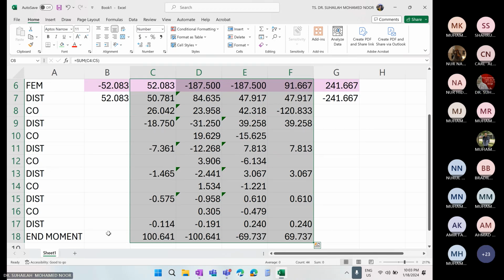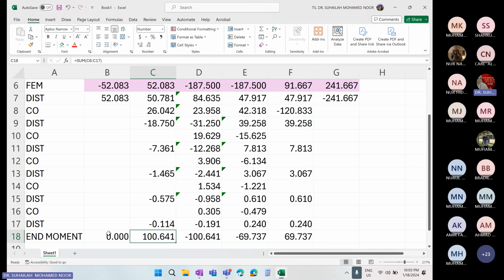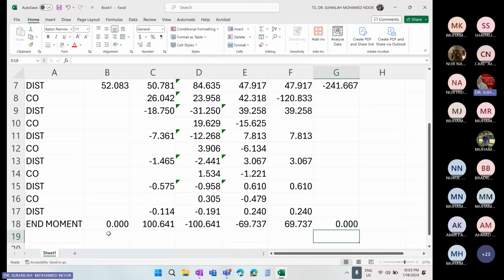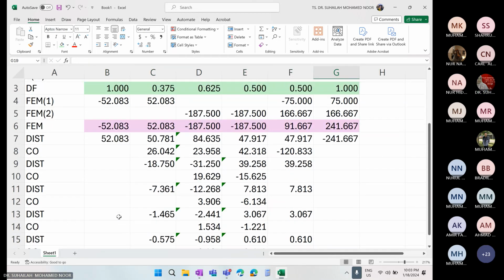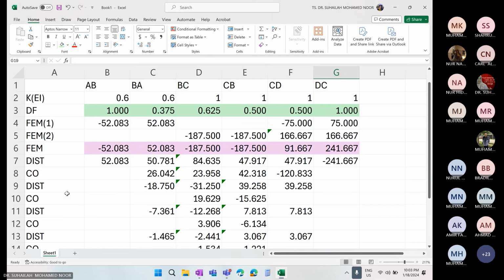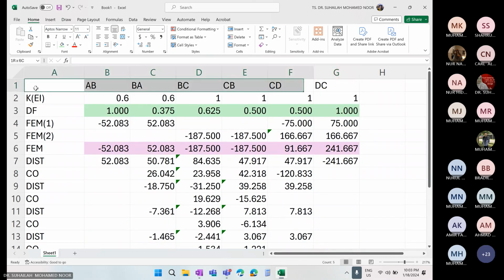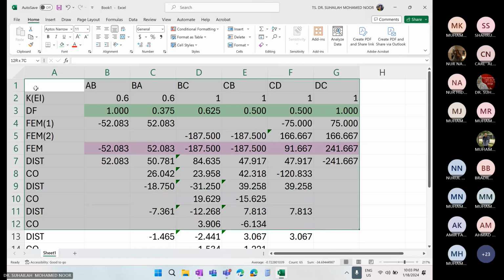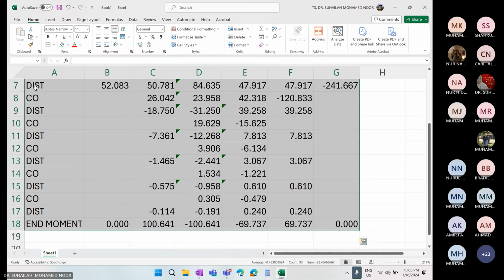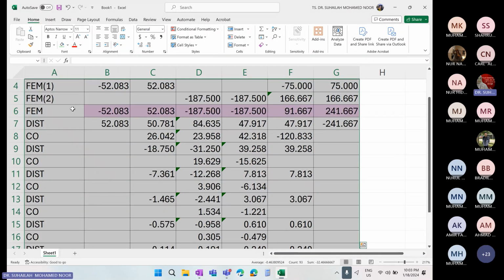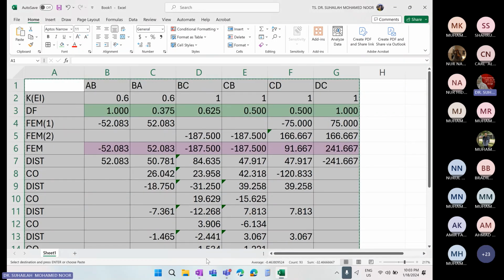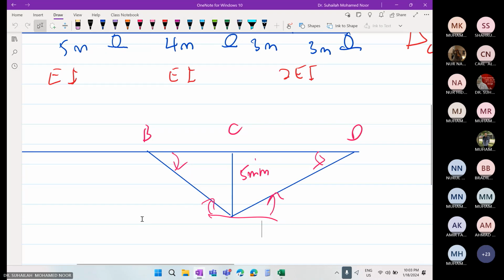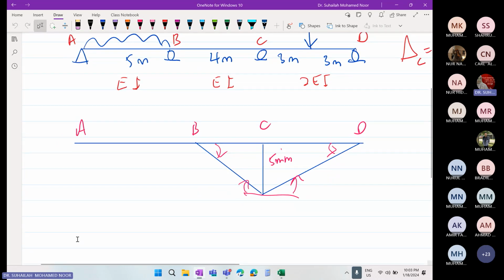This one is 0. So it's done, the table is complete, considering support settlement.